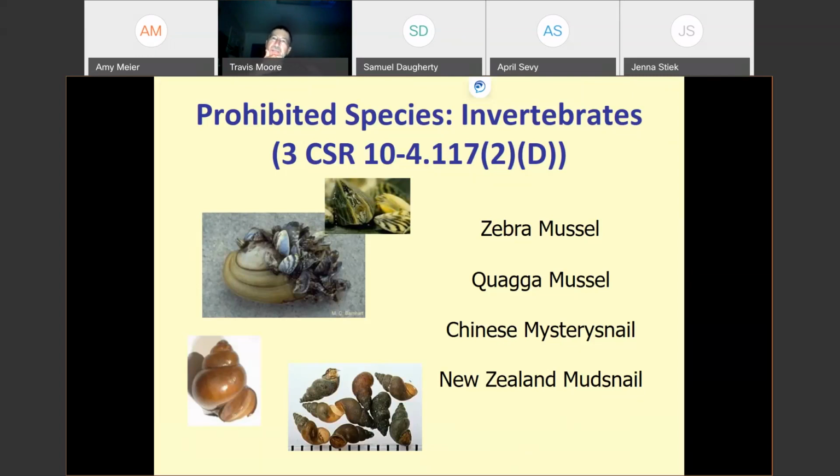So if you're participating in a Stream Team activity, something like that, and you're going, hey, I think we found Chinese mystery snails down here, we definitely want to know about those, so we know where those snails have expanded to, and having one that we can physically look at is way better than looking at just a picture. So definitely go ahead, drop it in some alcohol, and try to get those samples to us.